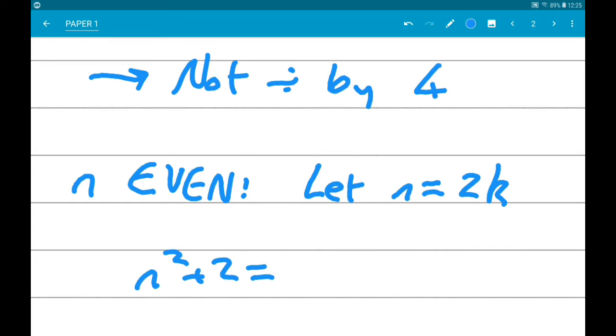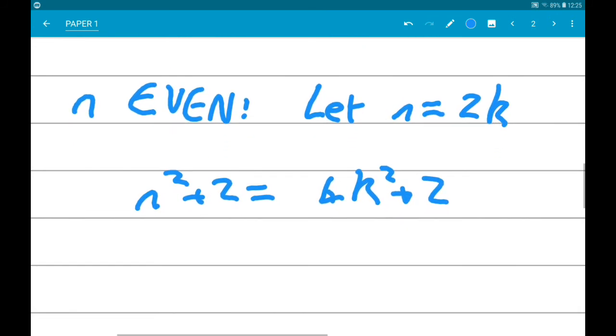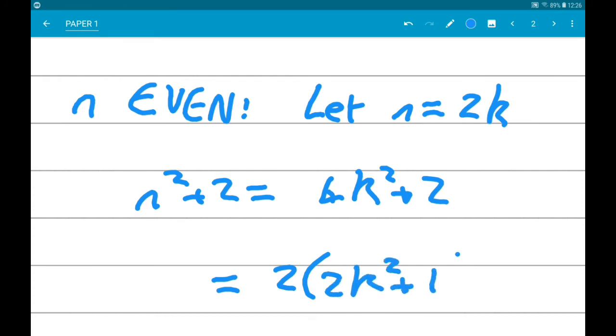So that's 4k squared add 2. Now that we can write as 2 lots of 2k squared add 1. So that's also not divisible by 4.